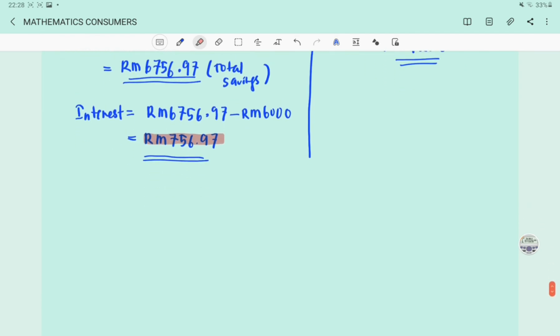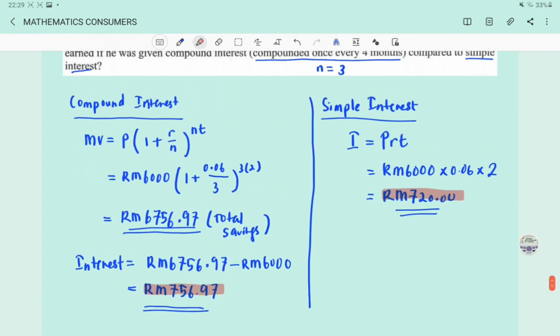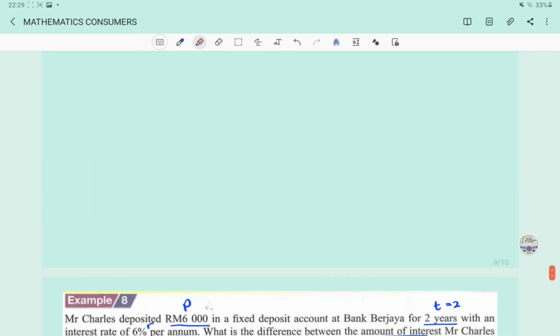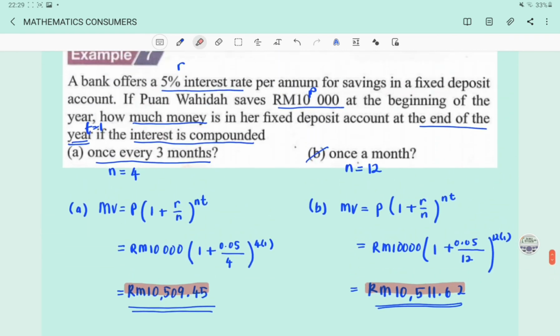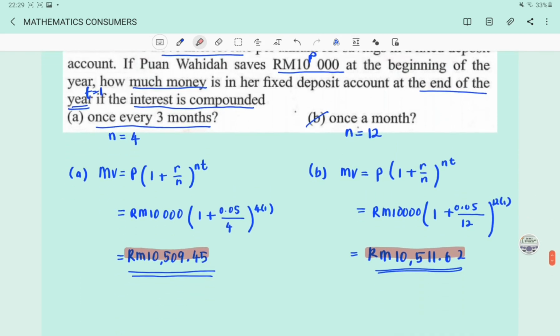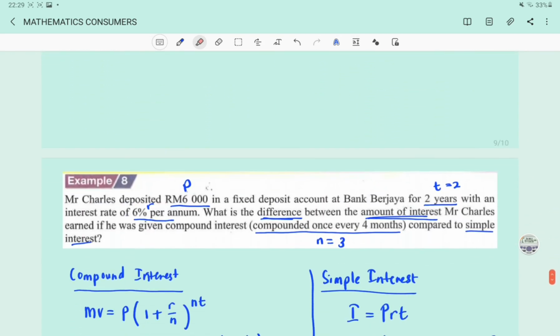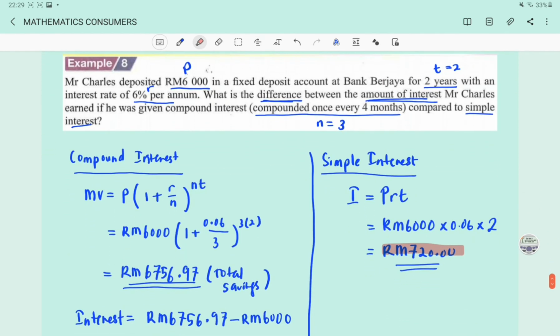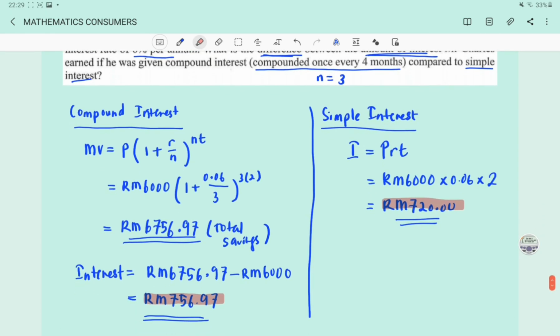I hope you understand how to find the compound interest, and how to make a comparison between the number of compounded times in a year, based on example 7, and based on example 8, between compound interest and simple interest.